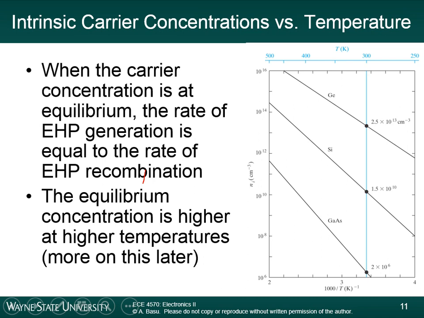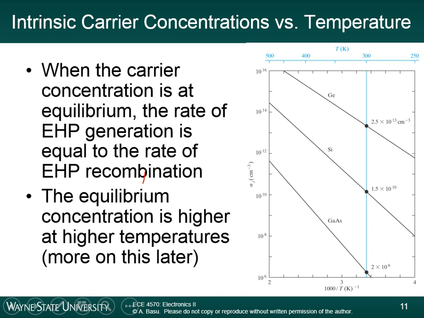That's the intrinsic carrier concentration for silicon at room temperature. Room temperature is about 300 Kelvin. The conversion between Kelvin and Celsius is about 273 degrees. If you take your temperature in Celsius and add 273 degrees to it, you'll get the temperature in Kelvin. So 300 Kelvin is about room temperature.